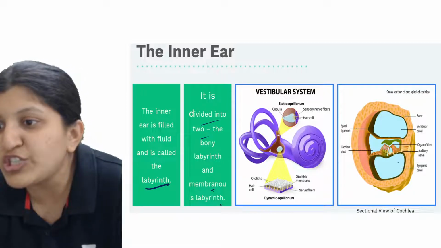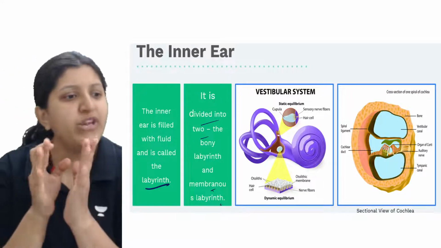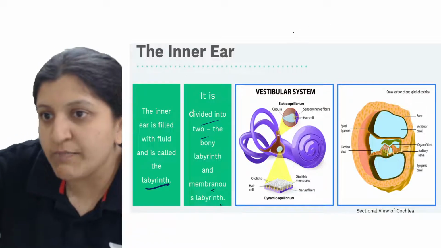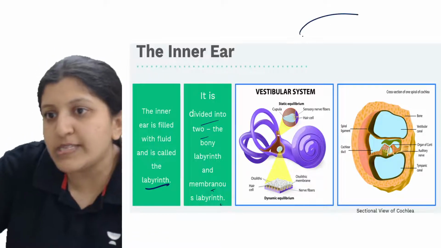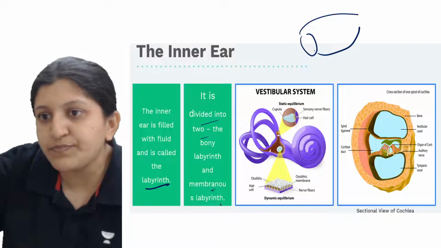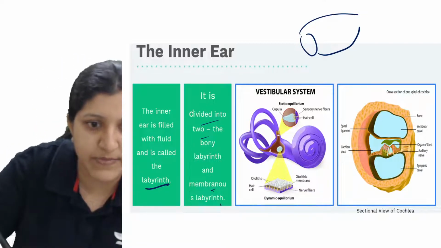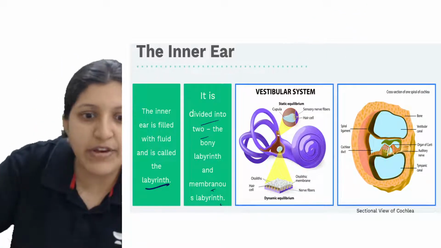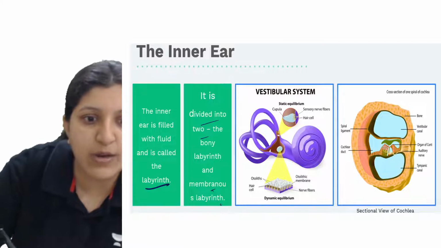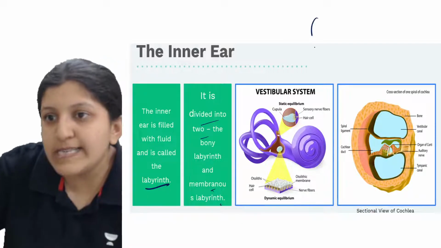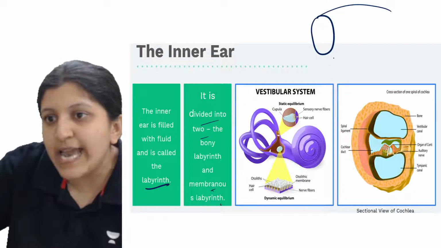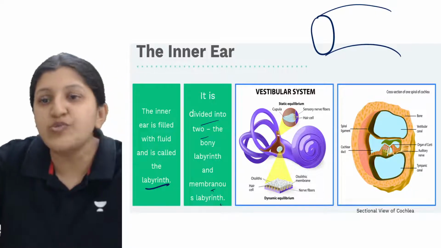This is a sectional view of the cochlea. If we make a cut, let me explain it to you again. Here is the cochlea, and what exactly does the cochlea consist of? It has three channels.